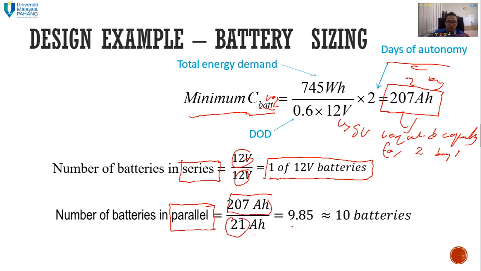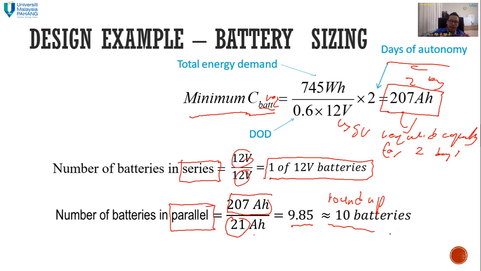Then you get 9.85. Like I told you before, you must round it up, so it becomes 10 batteries. So 10 batteries will be sufficient to support at least 207 Ah. But if you round it down to 9, it is not going to be sufficient to support the 207 Ah of required capacity.